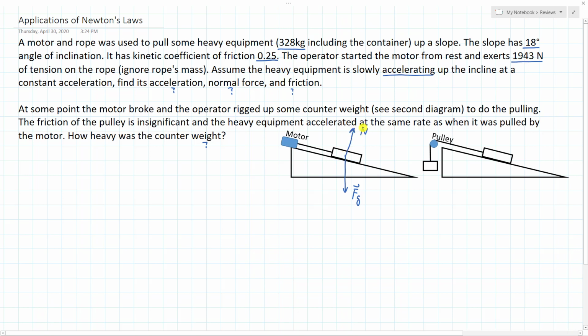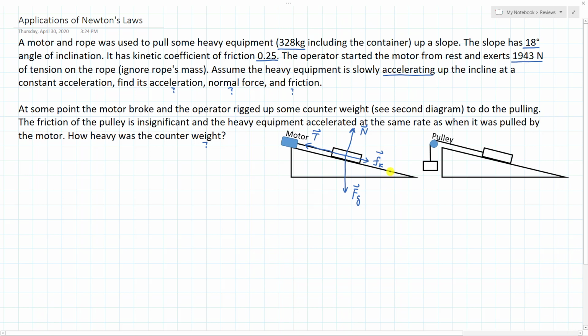So here's normal force. And then the motor exerts a force on the cable. The cable exerts tension, so we can just say effectively the motor exerts the tension T against the heavy equipment, and also the inclined plane pulls back with a kinetic friction Fk.